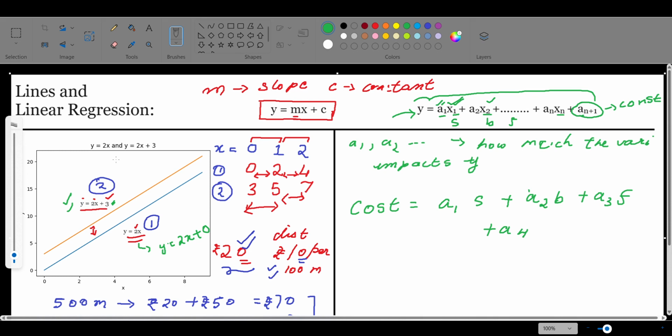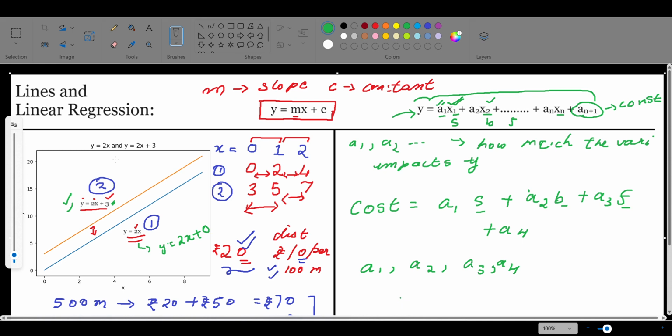Linear regression is a method of finding out how much all these three variables actually impact the cost, or rather what is the best approximation of A1, A2, A3 and A4, such that if given a new house, you could predict the cost as well as possible, as close to the actual cost as possible. That's what linear regression is.